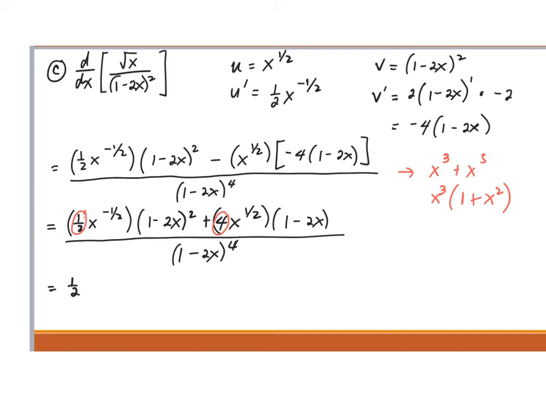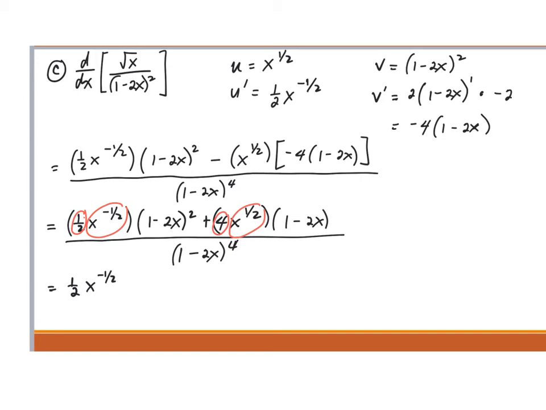So if we look at x to the power of negative 1/2 here, for example, and x to the power of positive 1/2, we also choose the smaller exponent. So because negative 1/2 is smaller than positive 1/2, we take out x to the power of negative 1/2, the smaller exponent, as the common factor.